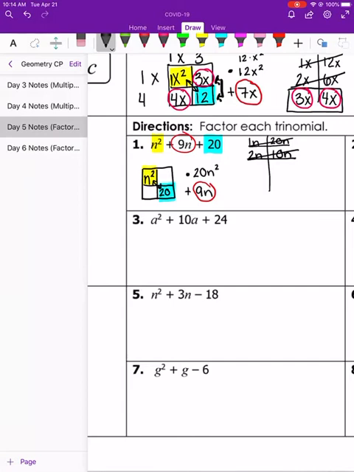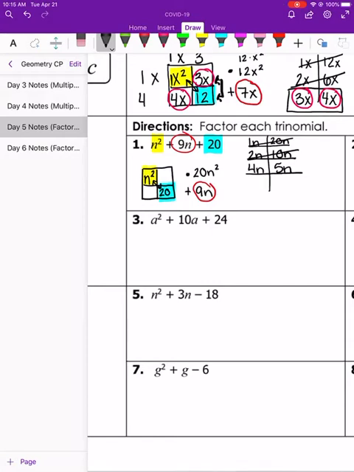Okay? So my next number I could check is 3n. But does 3 go into 20 any? It doesn't go in evenly. So I'm going to go to my next number, which would be 4. So 4n. Does 4 go into 20 evenly? It does. So if you take 20 and you divide it by 4, you should see that you get 5n, which makes sense because 4 times 5 gives you 20.